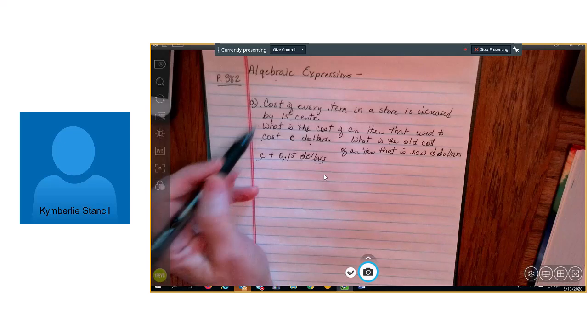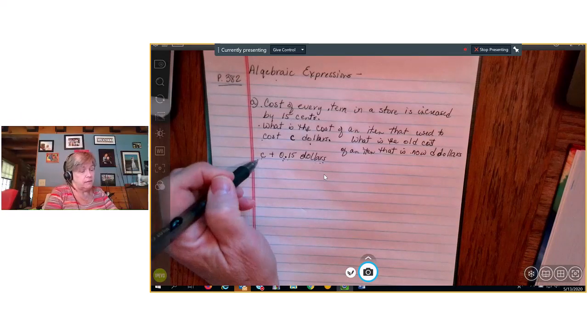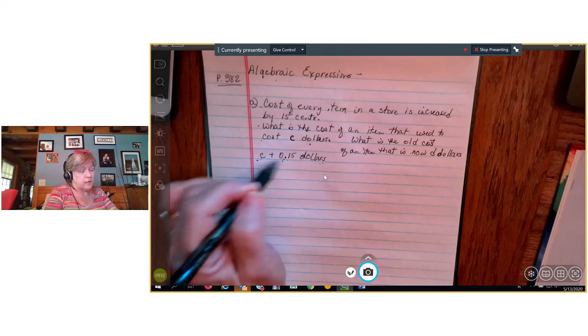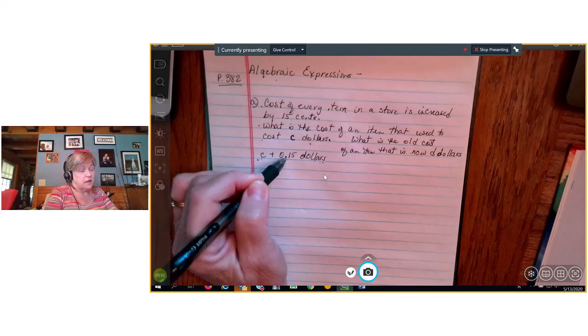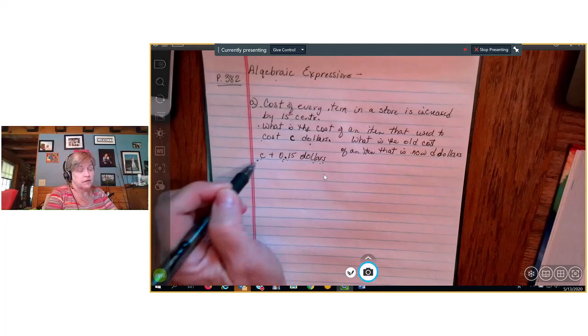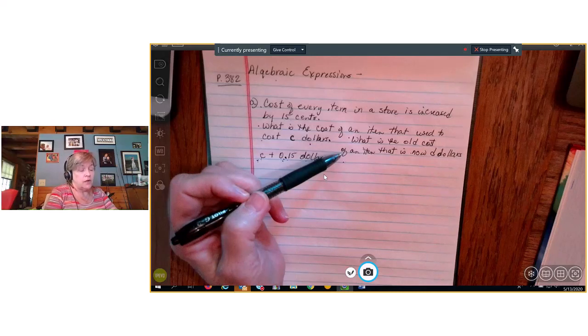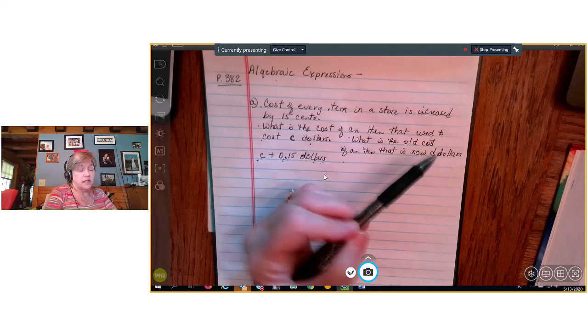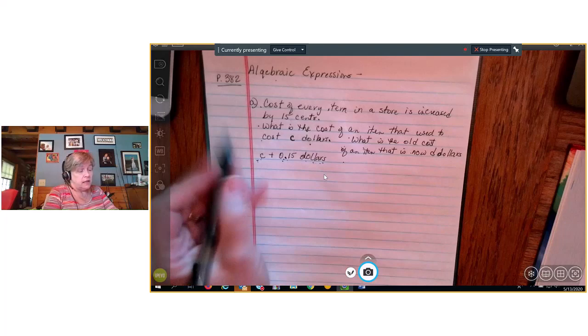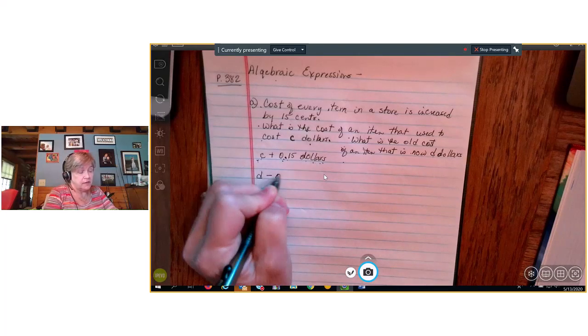So we know that the new cost, if something cost C dollars and everything was going up by 15 cents, is this new expression we would use to find what the new cost is. If we want the old cost of an item that is now D dollars, then D is the new price, and we're subtracting the 15 cents.